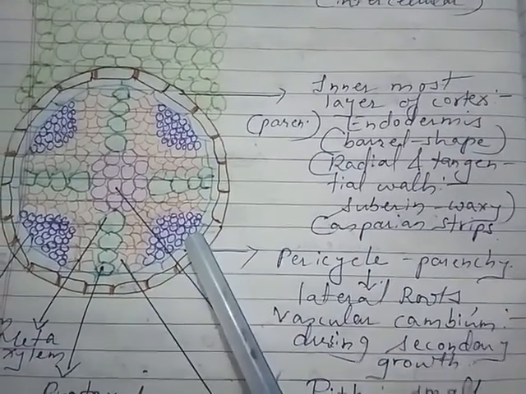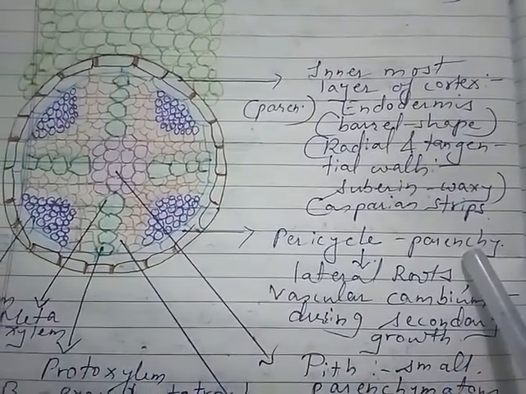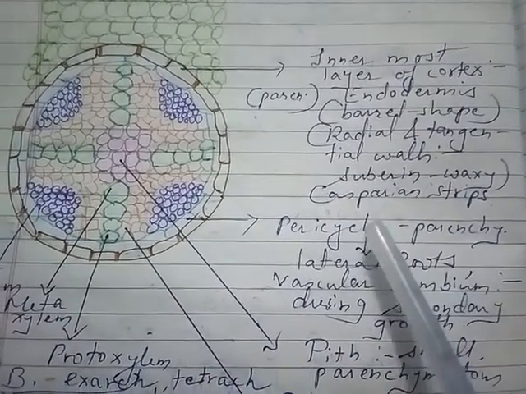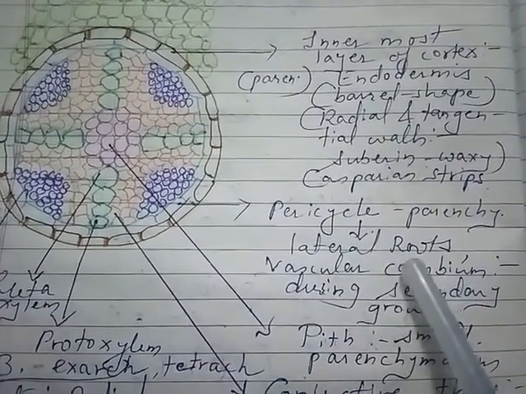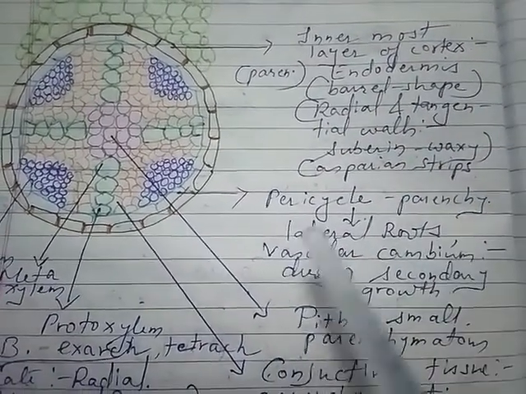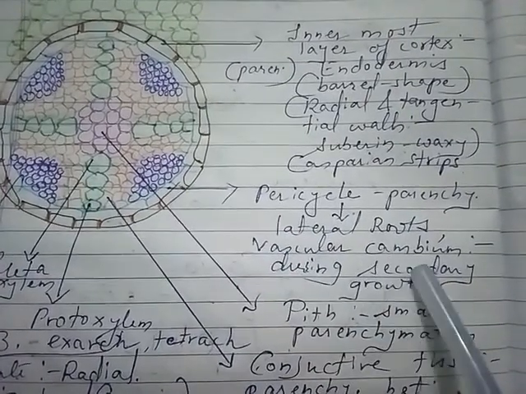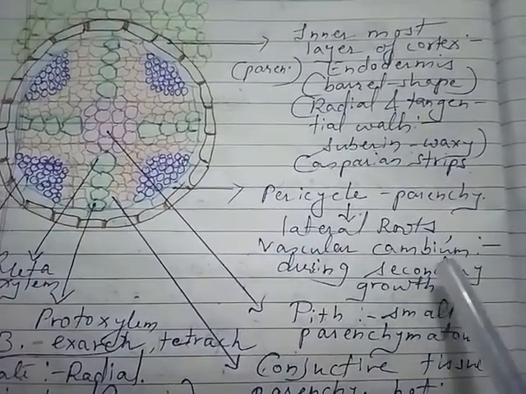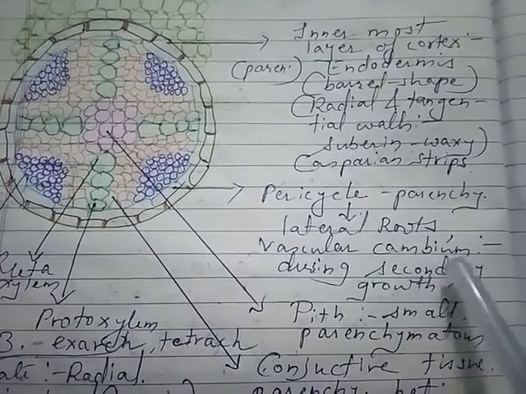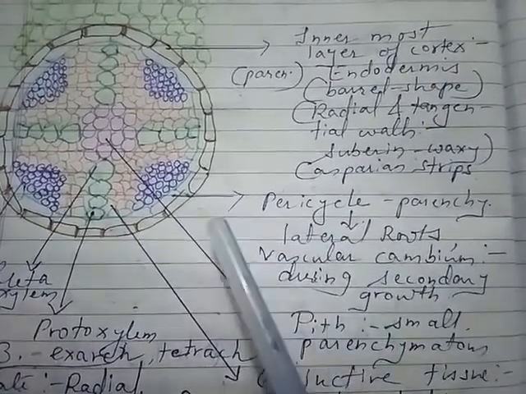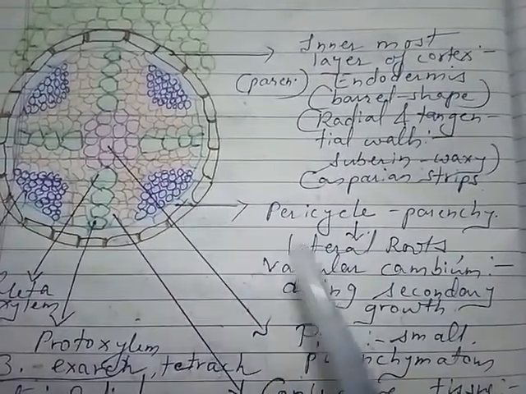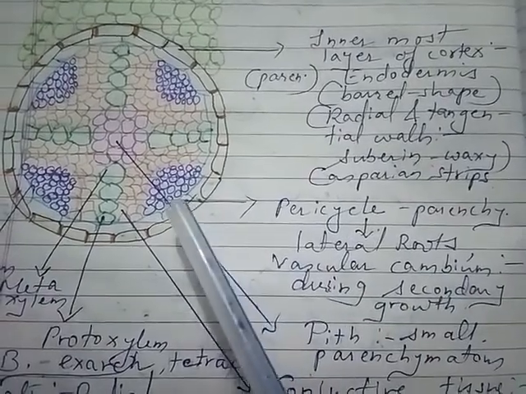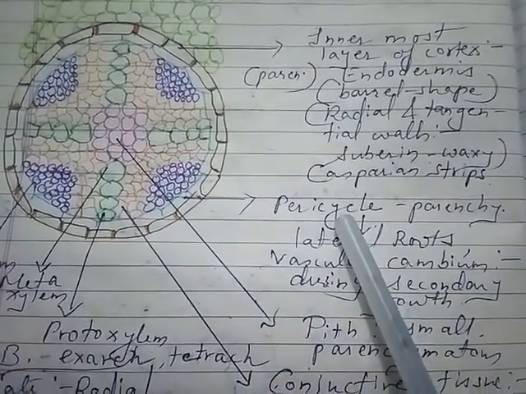Pericycle is also made up of parenchymatous cells. The function of pericycle is to develop lateral roots, and later on, when the secondary growth takes place, vascular cambium will give rise to secondary growth. Secondary growth will take place with the help of vascular cambium. That is the function of pericycle.